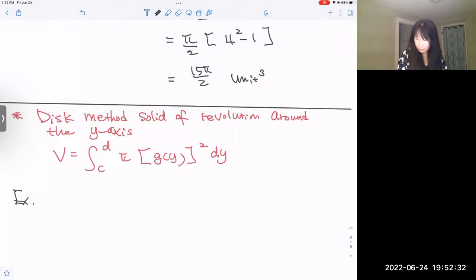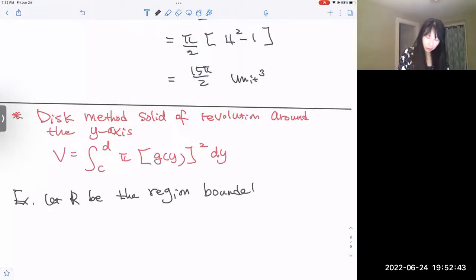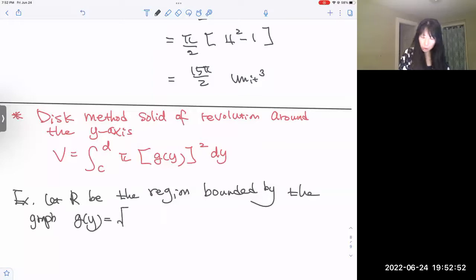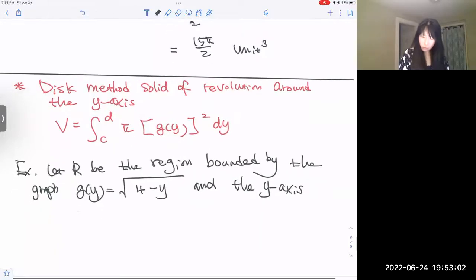Let's see, we have over here a graph. Let R be the region bounded by the graph g of y equals the square root of 4 minus y and the y-axis in the interval 0 to 4.